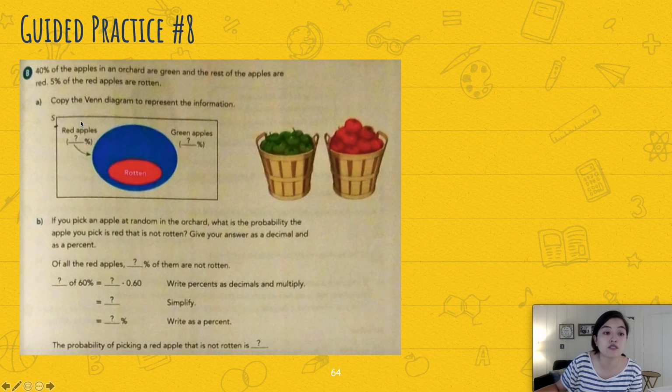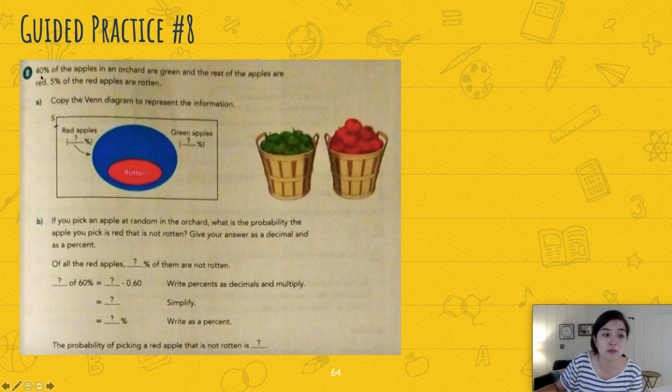The blue circle represents the red apples. The red circle represents the rotten apples within the red apples. And then outside of the blue circle are the green apples.